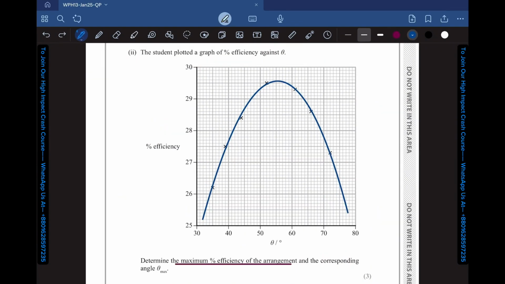So now let's take the maximum efficiency value first. This will be our maximum efficiency value, and now let's take the theta max corresponding to this maximum efficiency value. The maximum efficiency is 29.6, and at 29.6 maximum efficiency, our theta max value is 55 degrees, right?